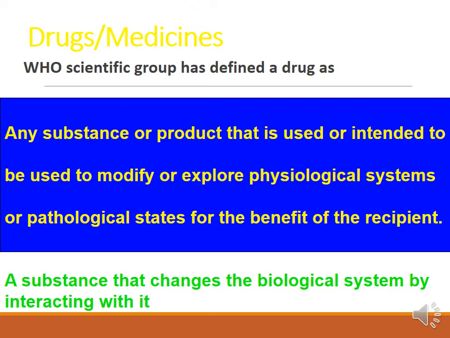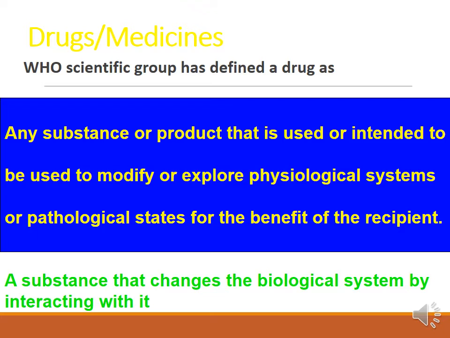Drugs or medicines, according to WHO, are defined as any substance or product that is used or intended to be used to modify or explore physiological systems or pathological states for the benefit of the recipient.